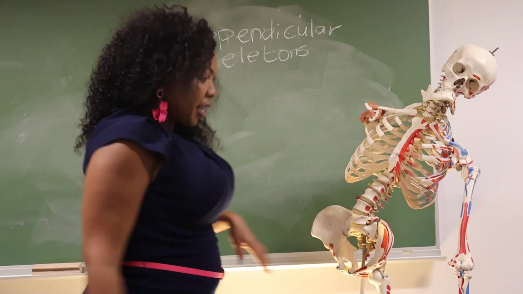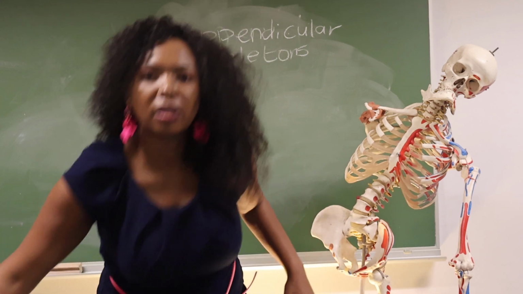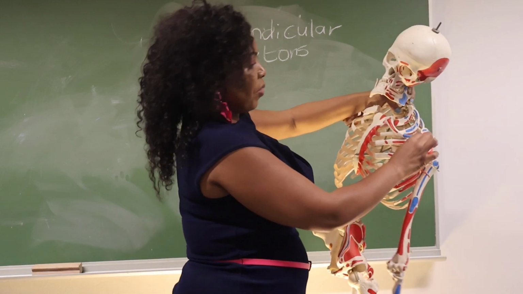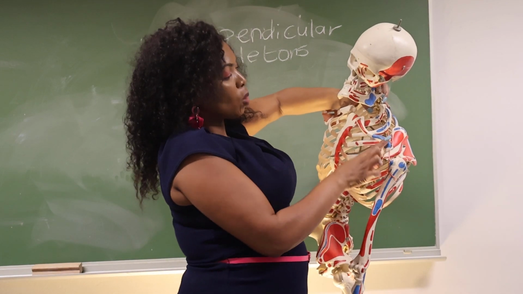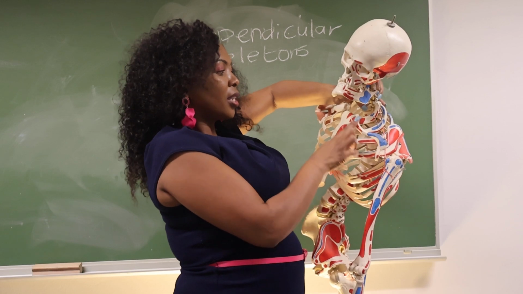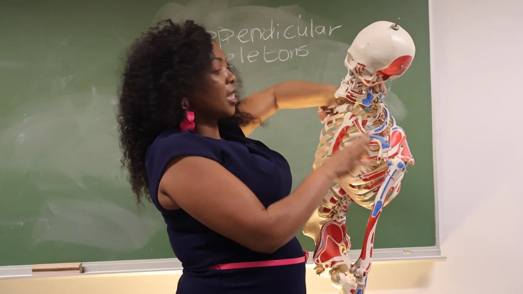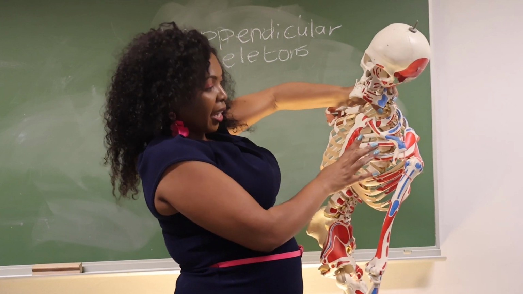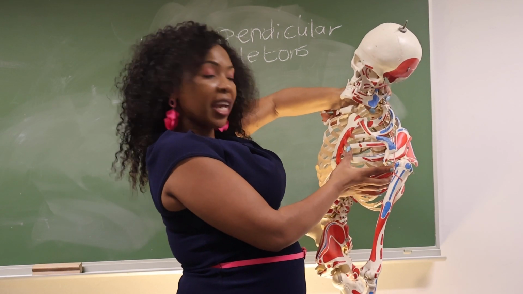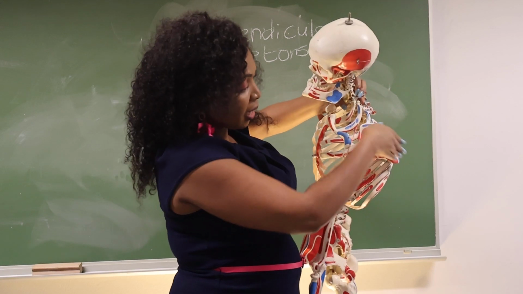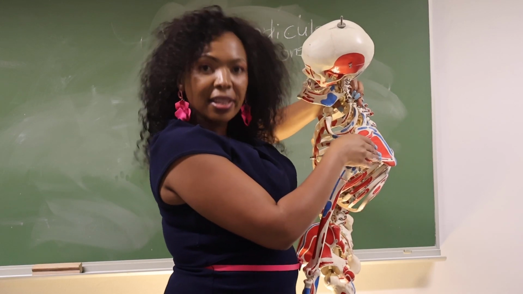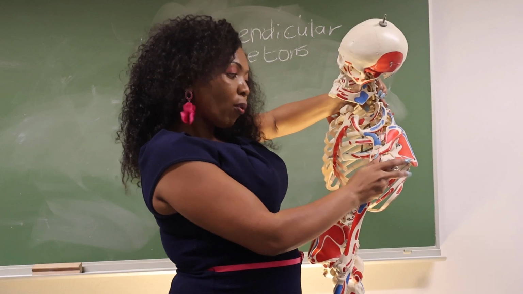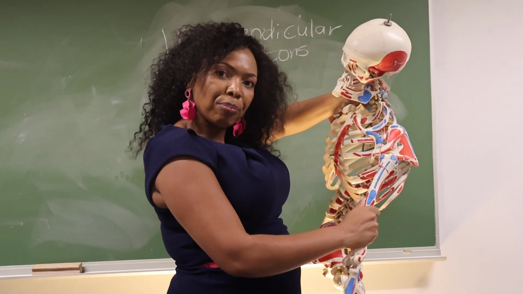Okay, the appendicular skeleton, which part? Let me show you on Mr. John. Okay, can you see this bone here? This is not part of the ribs. This is called the clavicle. The ribs are here and these are part of the axial. So the clavicle and the scapula are part of the appendicular, all the way to the upper arm.